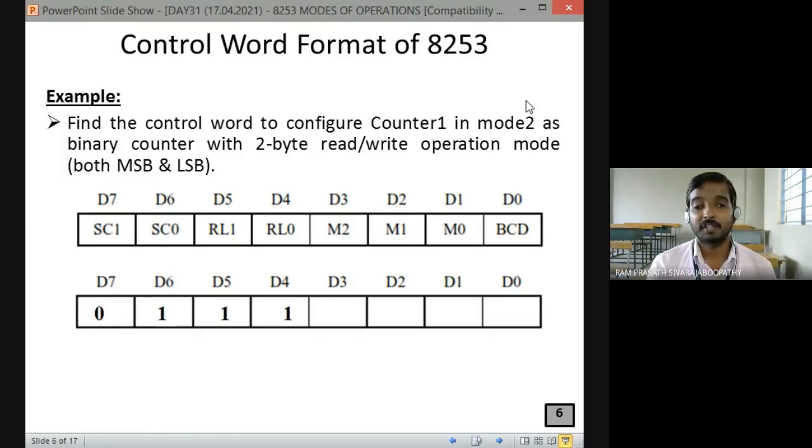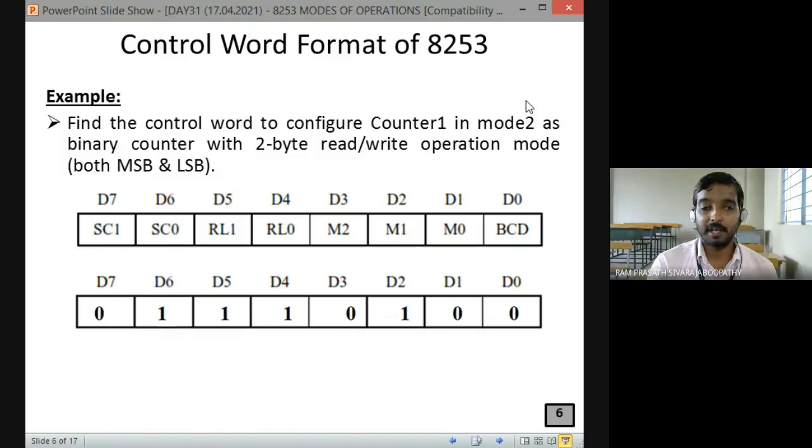We have said configure in mode 2. Very good. What about the nature of the counter, either BCD or binary counter? The BCD bit must be 0. So what about the control word now in hexadecimal?